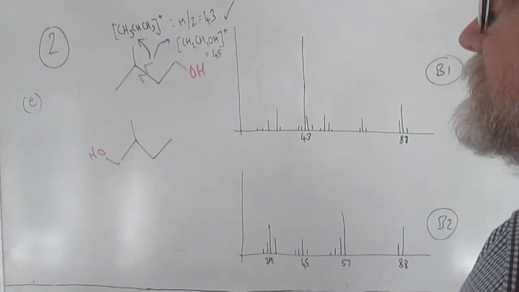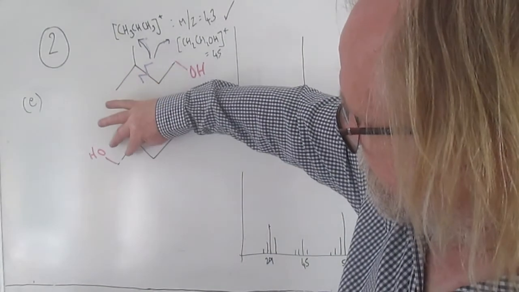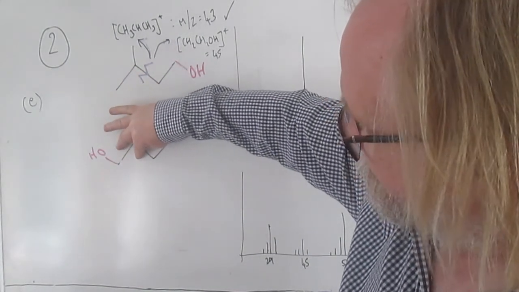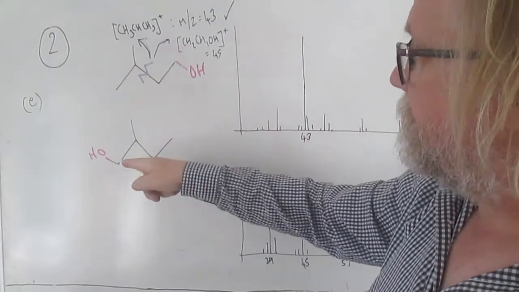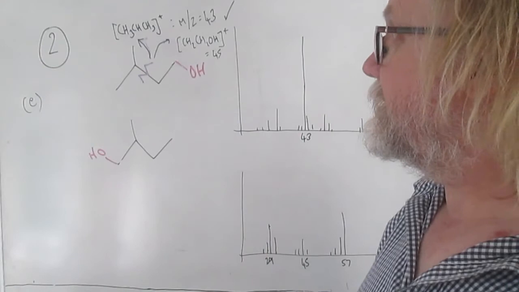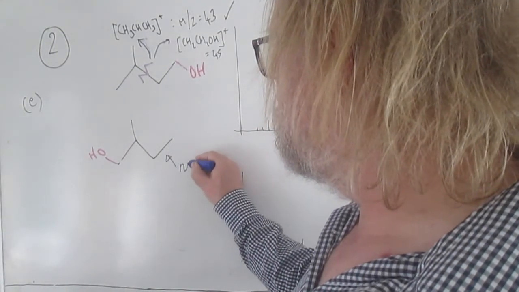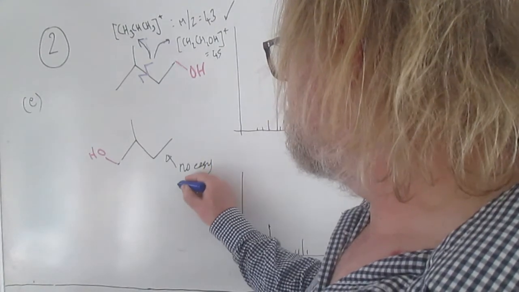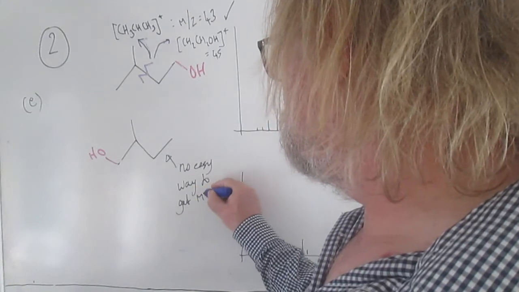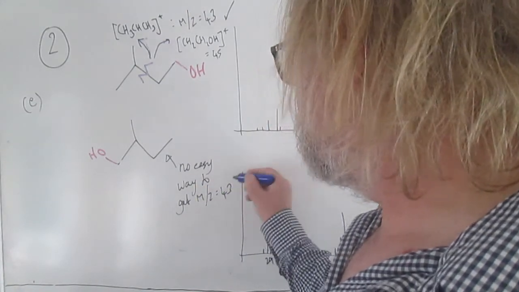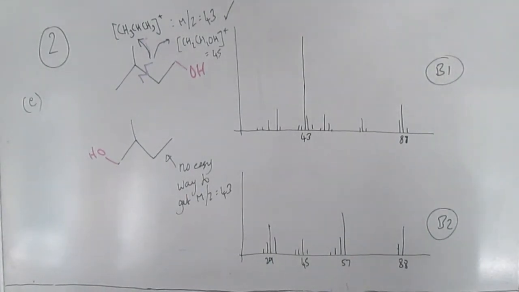So you cannot generate it in that way. CH2OH there, if you broke this bond, adds up to 31, so that's no good, and basically there is no way. So for this one there is no easy way to get m/z 43. So based really just on that peak you can pretty much get the answer.